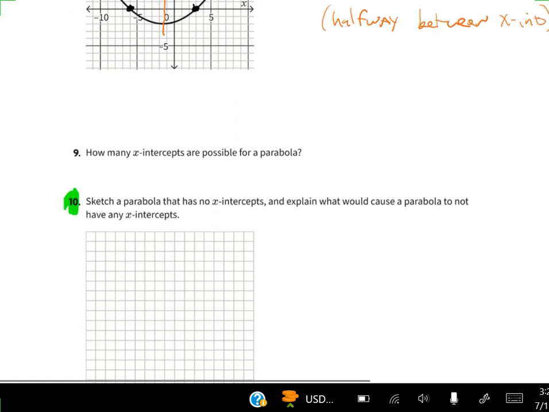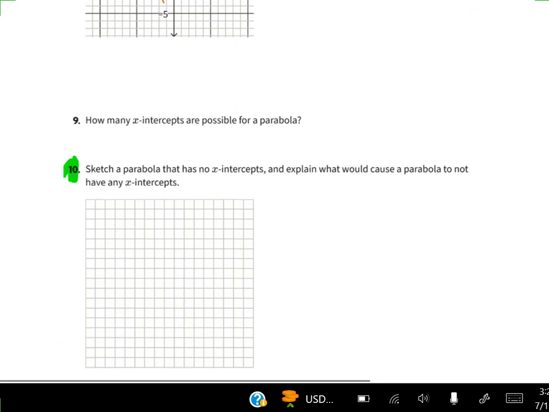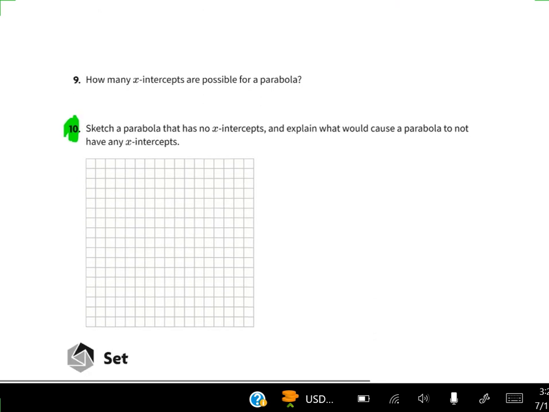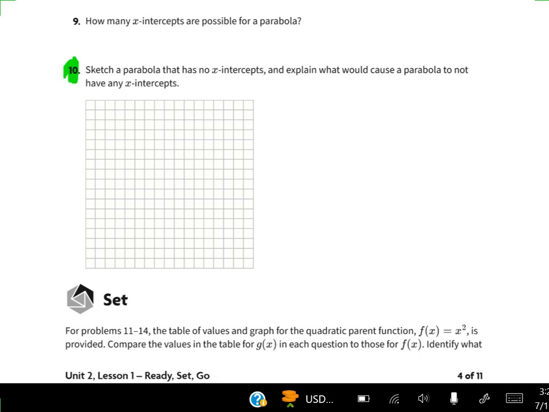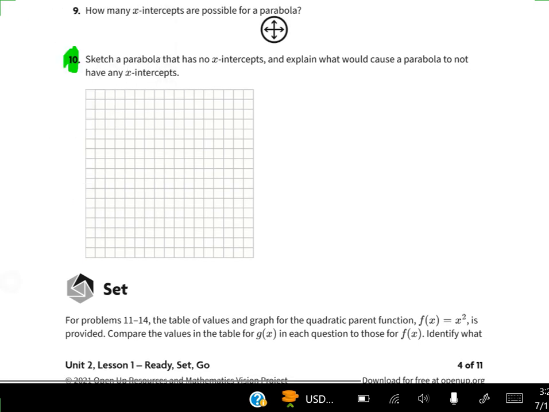Moving on to problem number 10. This is the last question in the Ready portion of the assignment. All we're tasked with doing here is sketching a parabola that has no x-intercepts, and explaining what would cause it to have no x-intercepts.